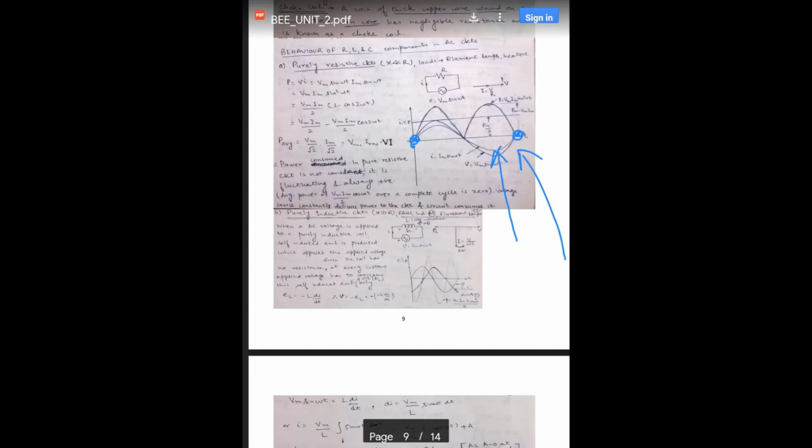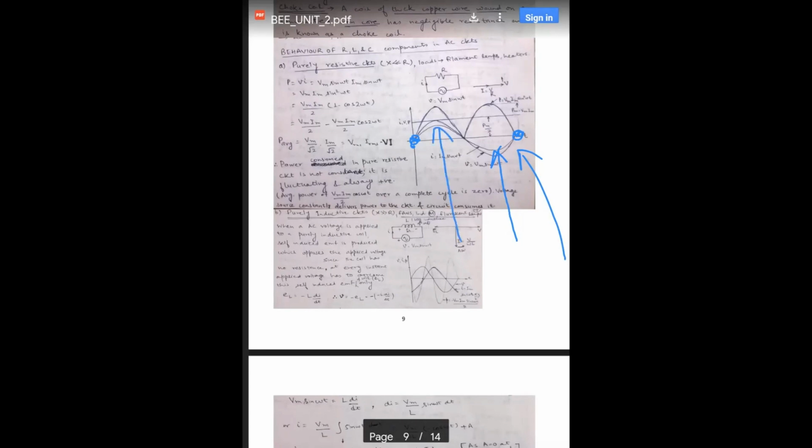Their wave shape is the same, but their magnitude may be different. As I have just mentioned, it all depends upon the value of R. If the value of R is more than 1, then current is small, the current wave shape is small.